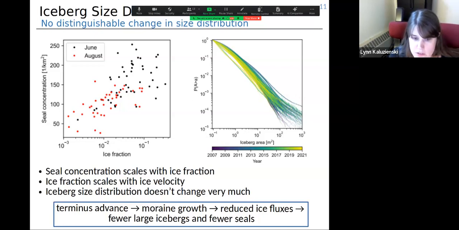Putting all of these long-term dynamics together, what we've been seeing at Johns Hopkins is that there's been a terminus advance. This has led to moraine growth, and this has reduced ice fluxes, so less calving. The fact that there are fewer icebergs in general means there are going to be fewer large icebergs, and thus fewer habitable icebergs for seals.